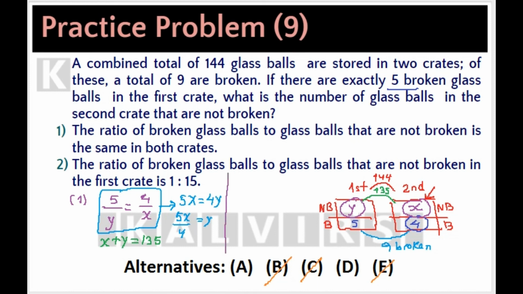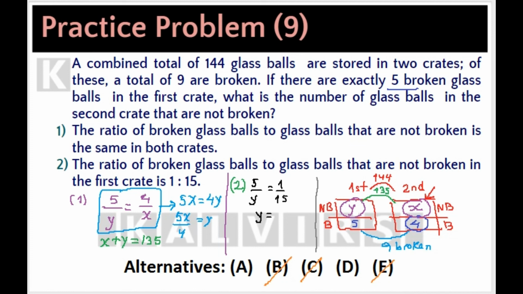Now, let's go ahead with statement 2. The ratio of broken glass balls to glass balls that are not broken in the first crate is 1 to 15. Broken to non-broken, 1 and 15.